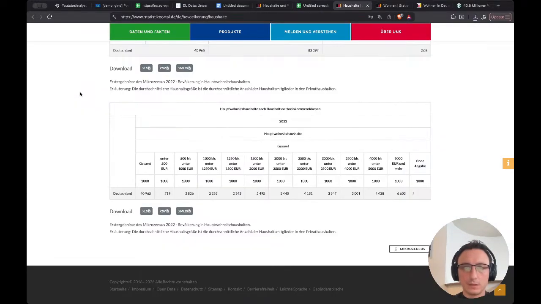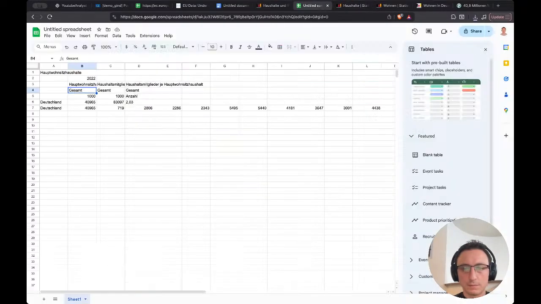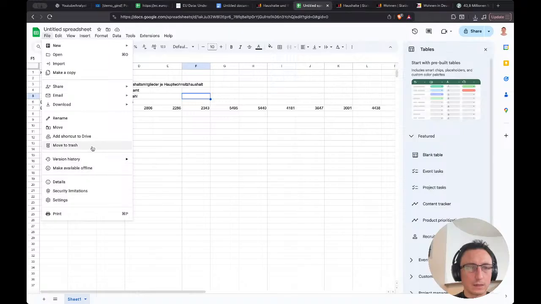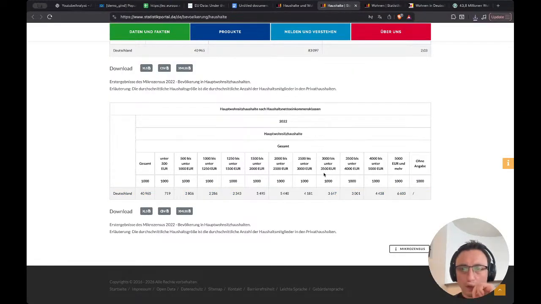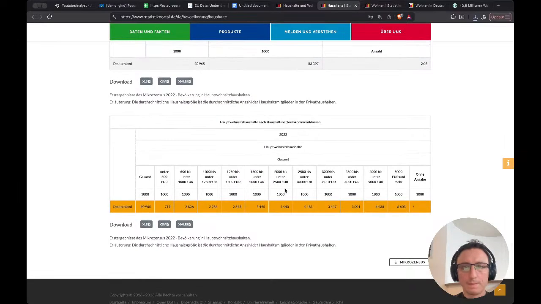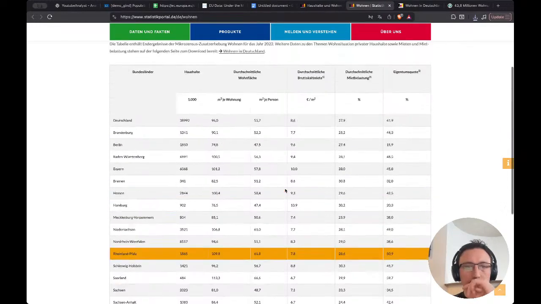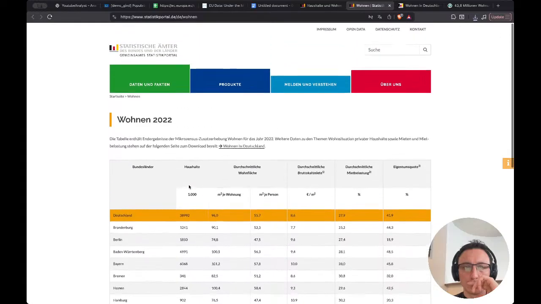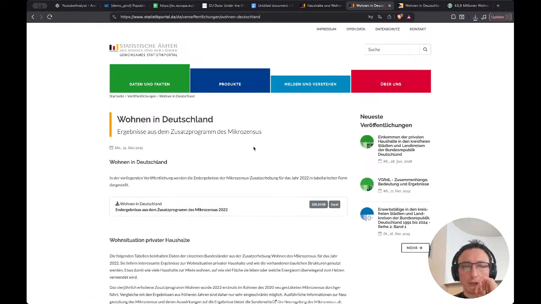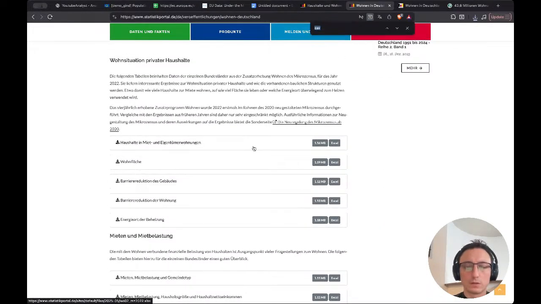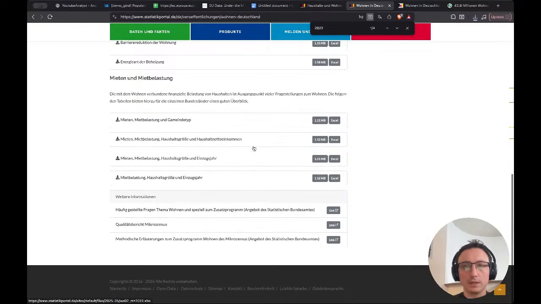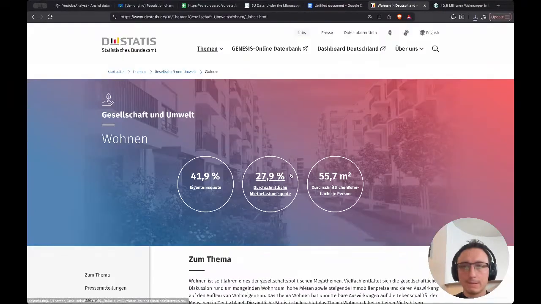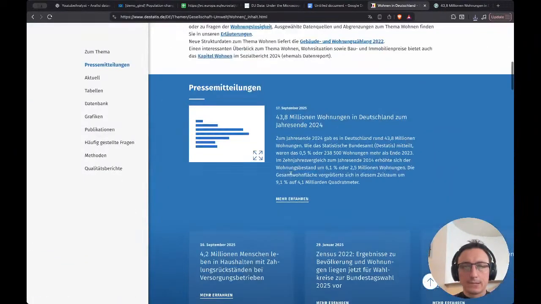Okay, as you can see, this dataset is not so well done. Wohnen in Deutschland, 2022. All in 2022 we have the data. Tabellen.